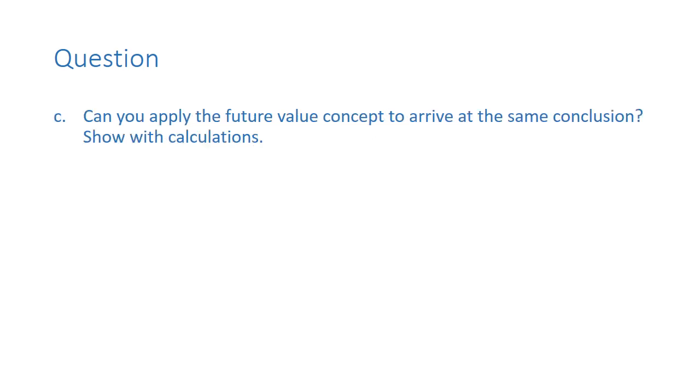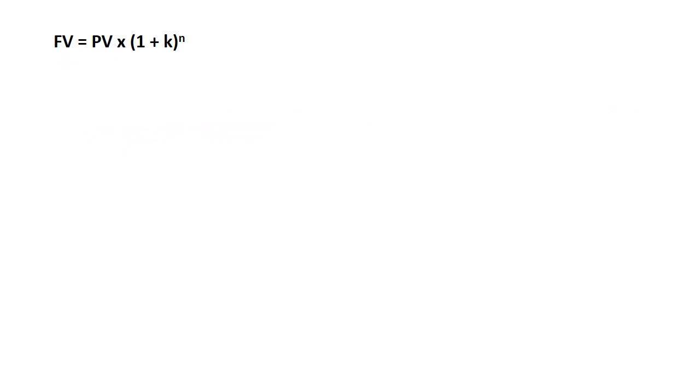Can you apply the future value concept to arrive at the same conclusions? Show with calculations. The formula for future value is FV equals PV times (1 plus K) to power N. So 10,000 at the end of 5 years, we're looking for FV5.